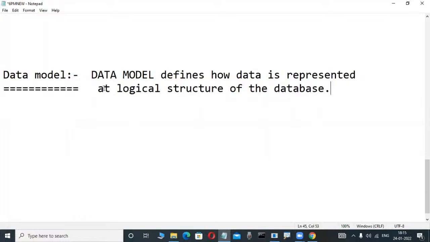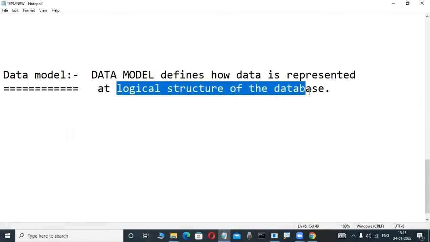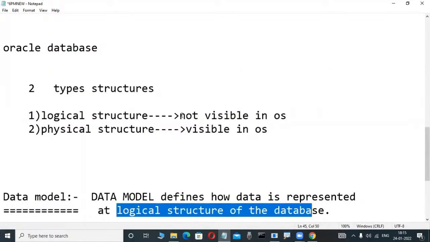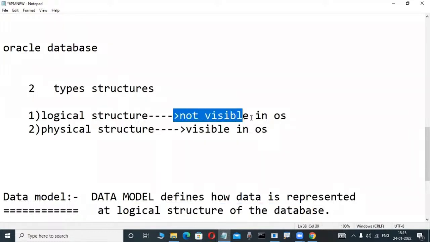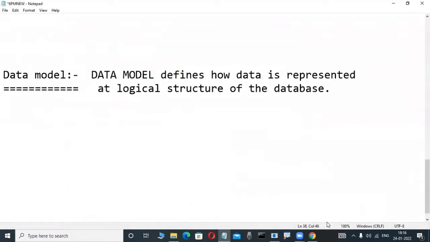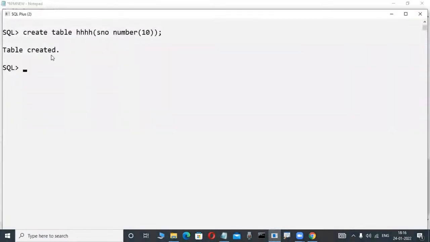Observe it here. What is logical structure? As I told in previous classes, a structure which is not visible in the operating system is called logical structure. When you create a table, it is not visible in the operating system, but that structure is visible in the database. Very good. Now in this database, how data is represented is specified in the format of records, and these collections of records are in matrix format.